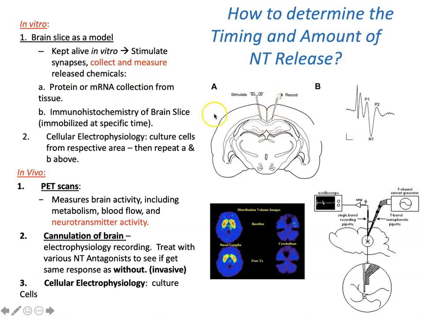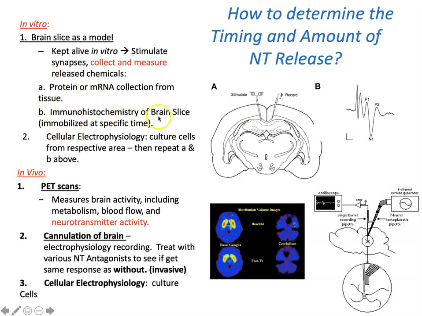You can also collect from tissue, as we've already talked about, but you can actually take brain tissue and neuronal tissue and extract protein and mRNA from that tissue and determine whether or not the neurotransmitter you think is made in this area is actually present. And so we'll talk about that a little bit in a moment.